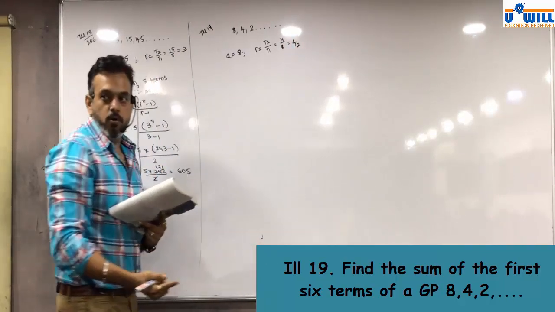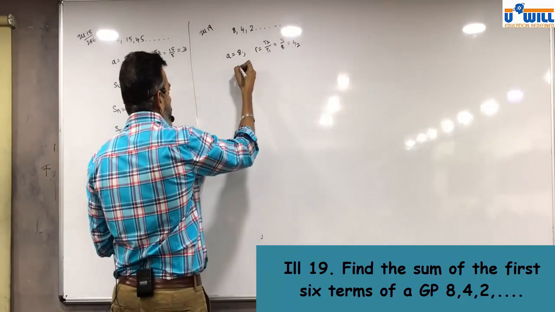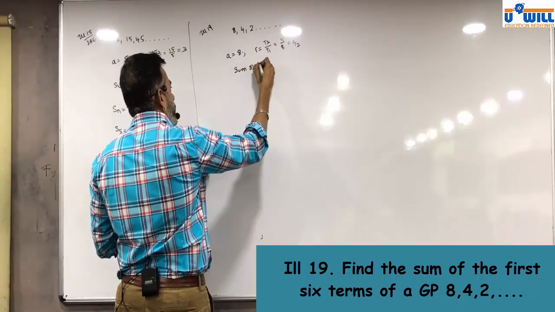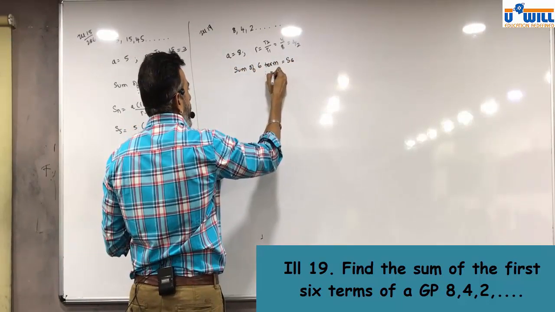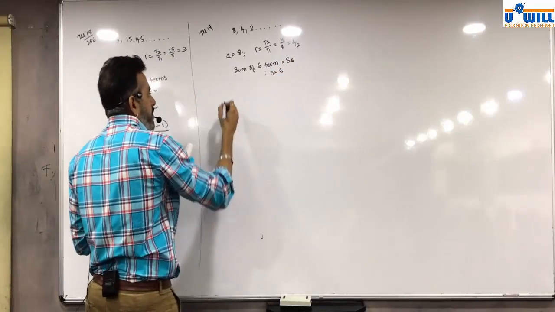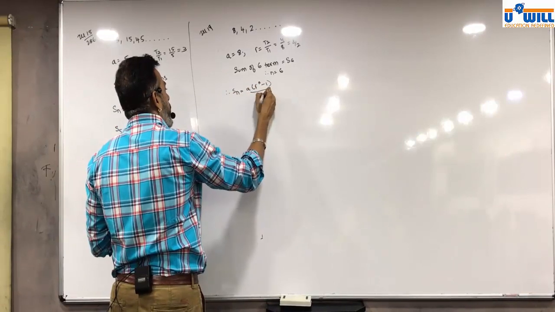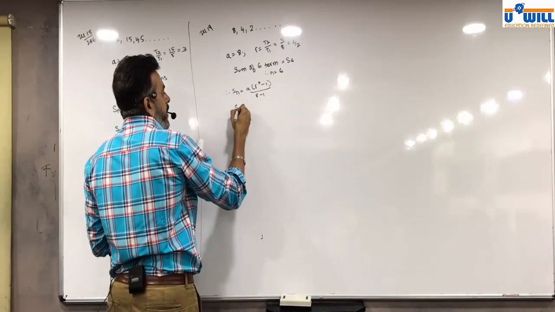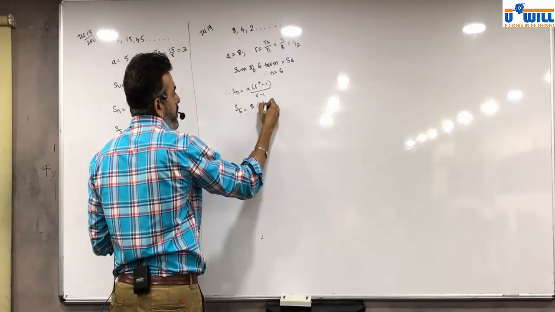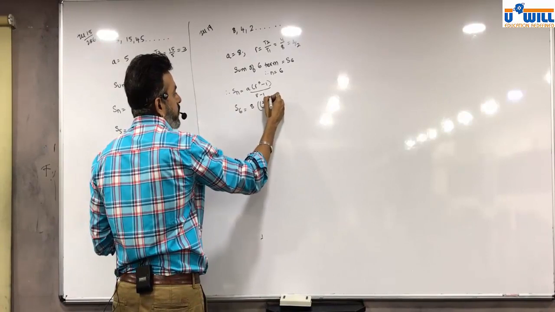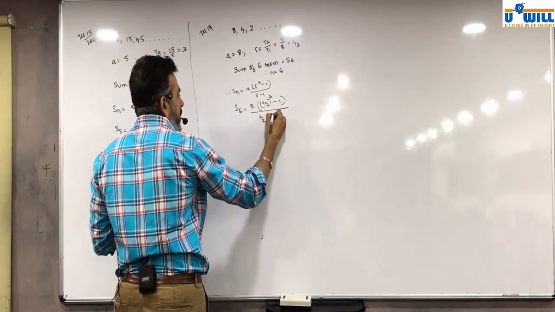Since r is not equal to 1, we can use this formula. We want the sum of 6 terms, S6, where n is equal to 6. Therefore, Sn is equal to a into r raised to n minus 1 upon r minus 1. S6 is equal to 8 into 1 by 2 whole raised to 6 minus 1 upon 1 by 2 minus 1.